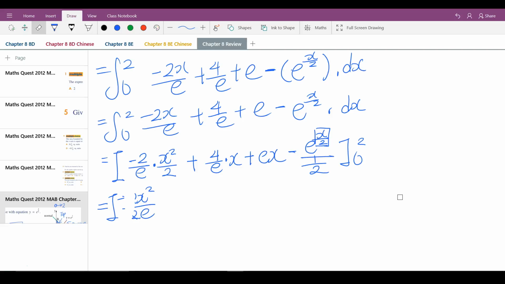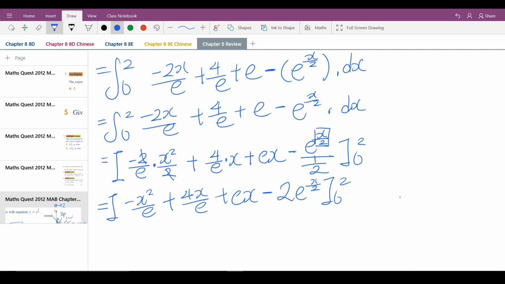So negative x squared over e, plus 4x over e, plus ex, minus, now divided by half is just times 2, so 2e to the power of x over 2, from 0 to 2.